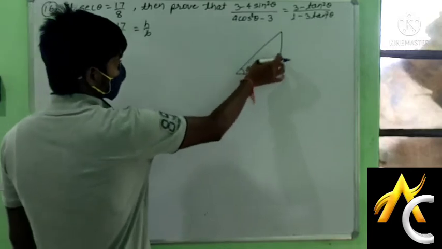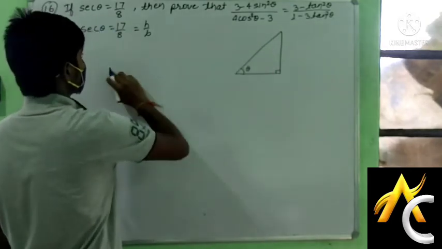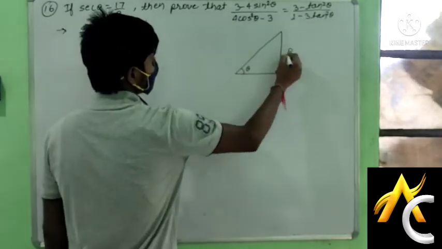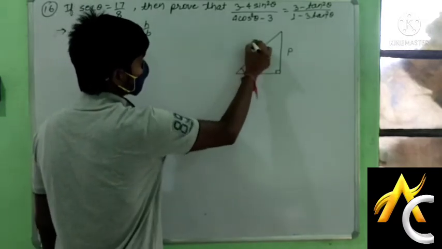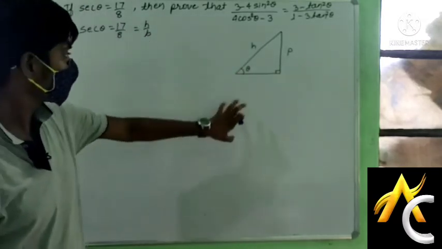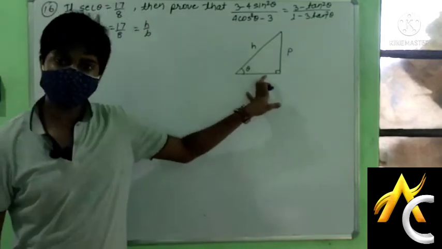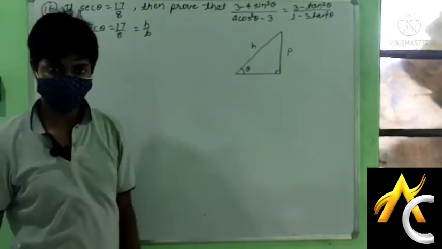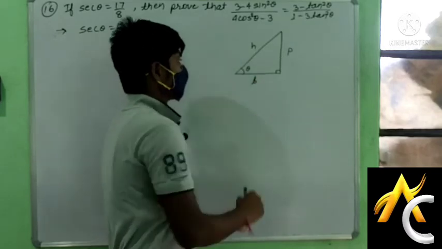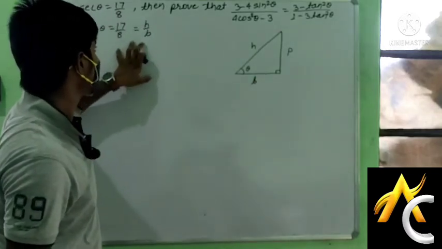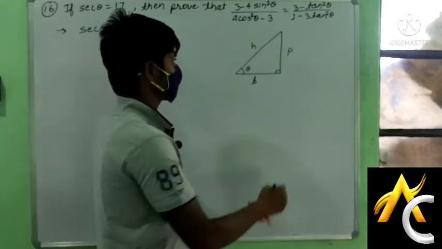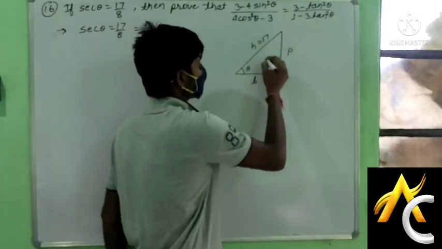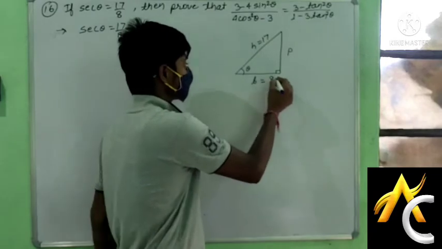For this theta, this side will be the perpendicular height, that is P. This side will be the hypotenuse, opposite the right angle, H, and this side, between theta and the right angle, will be the base. By comparing these, the value of H is 17 and B is 8.